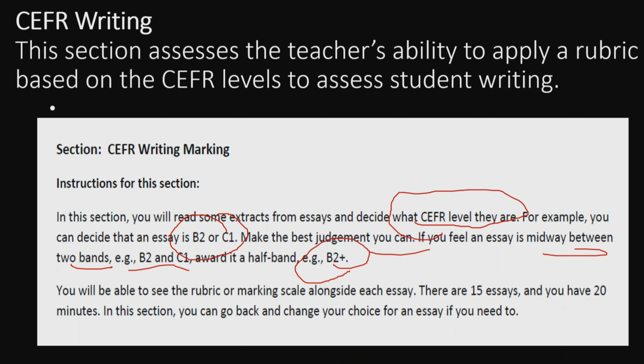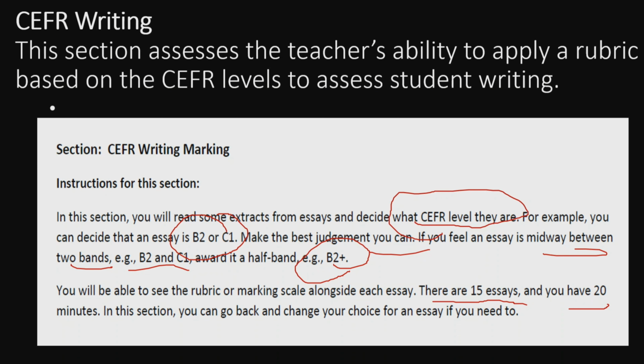So if you're a cycle 3 teacher, then you must memorize all the descriptors describing all the levels ranging from A1 till C2. But if you are going for the exam for cycle 2, then you are lucky. They'll give you all the descriptors on the left hand side. So you'll be able to see the rubric or marking scale alongside each essay. There are 15 essays and you have 20 minutes. In this section, you can go back and change your choice.